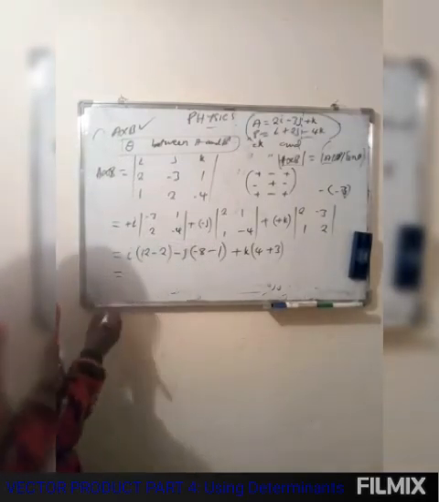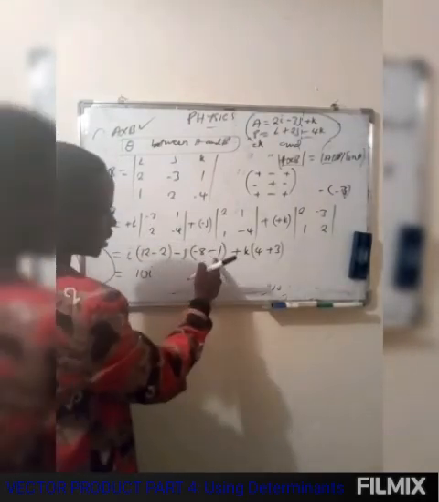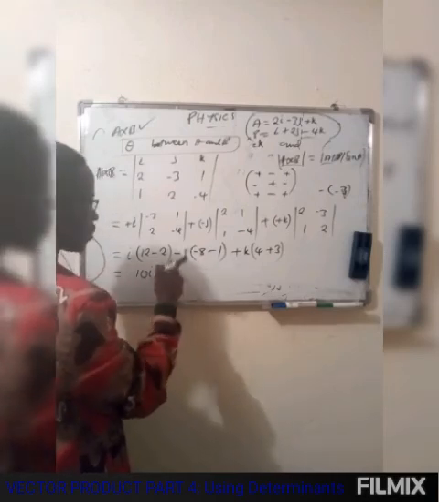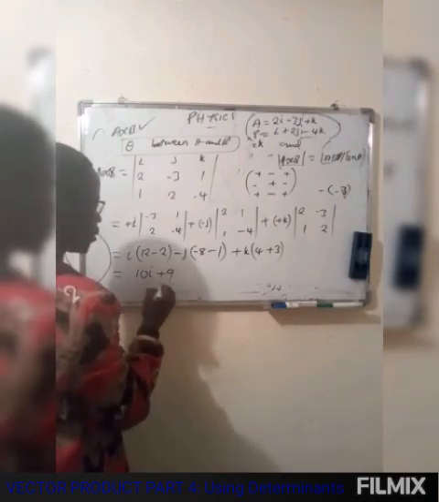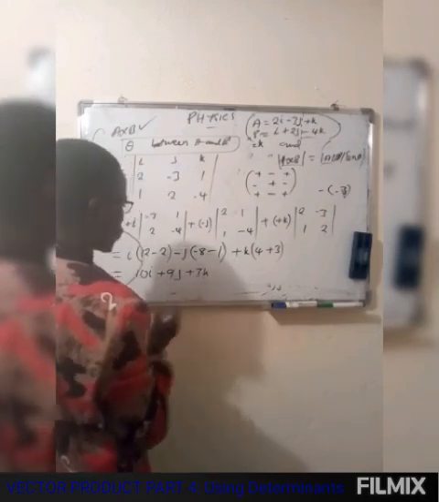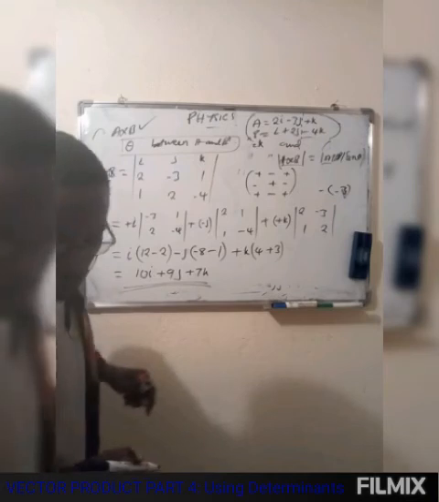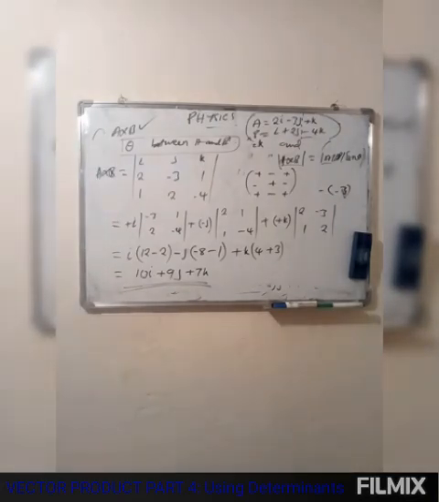So this is now going to be equal to 10i, and then this is negative 9, multiplied by the negative, that is going to be plus 9j, and then this is going to be plus 7k. Okay, so you can see that this is exactly what we got when we used the other method.